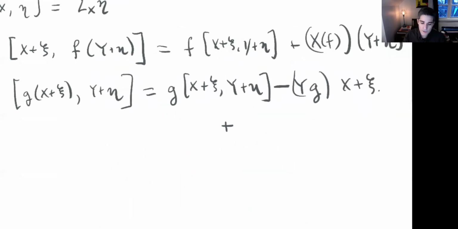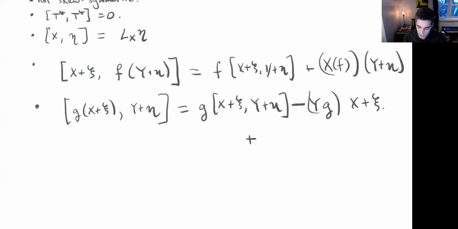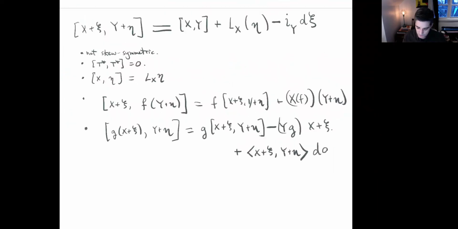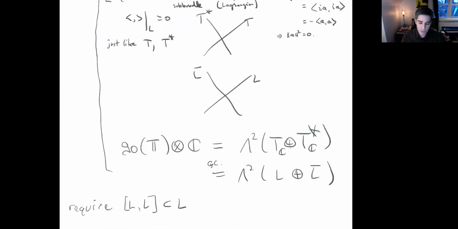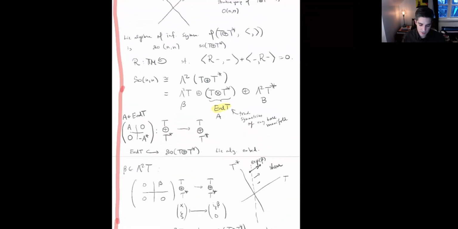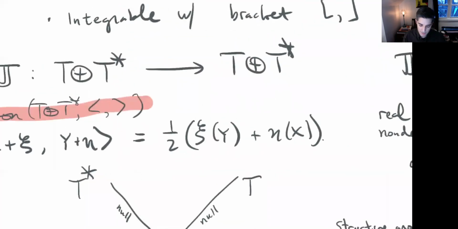And this extra term is the very cool thing. It's going to be the inner product of X plus ξ and Y plus η, multiplied by dg. So this extra term is only in T star because it's the derivative of a function, but the coefficient in front of this dg is the natural inner product that we discussed before.